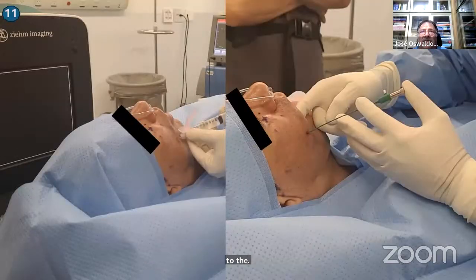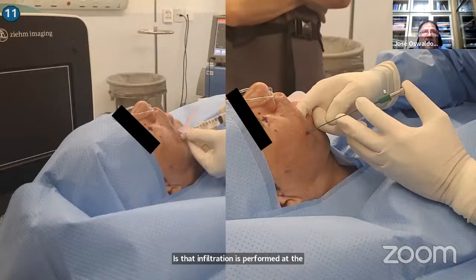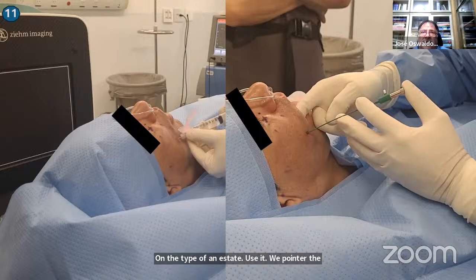Anesthetic infiltration is performed at the point lateral to the angle of the mouth. After 2 to 5 minutes, depending on the type of anesthetic used, we puncture the skin towards the other 2 landmarks.